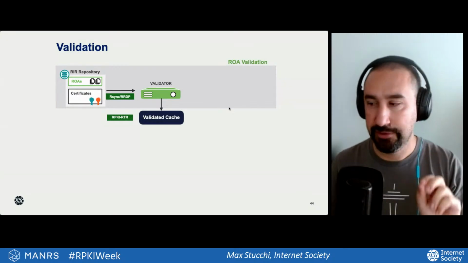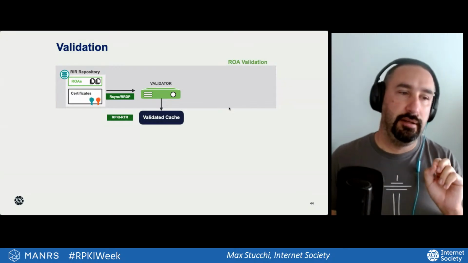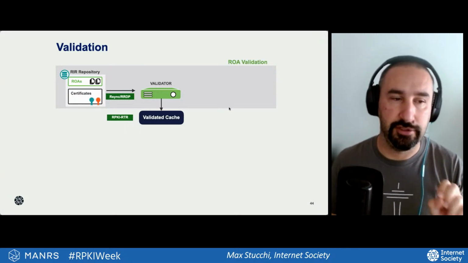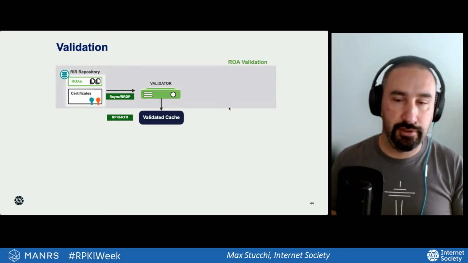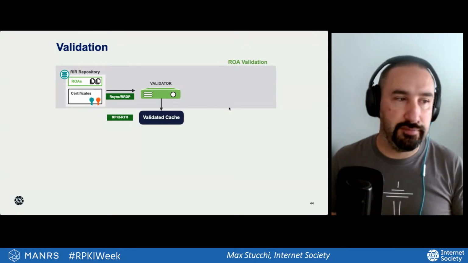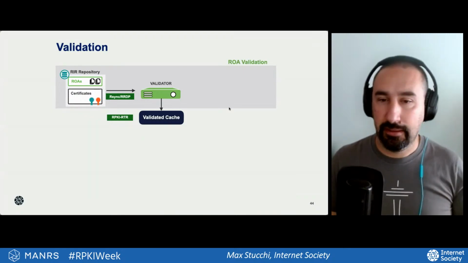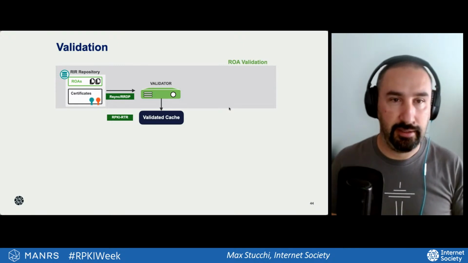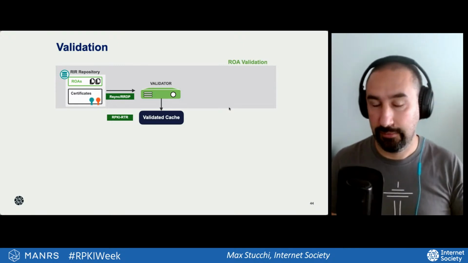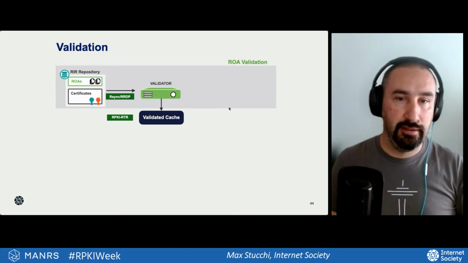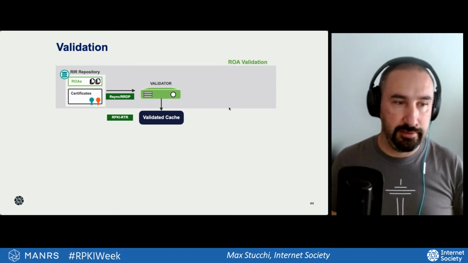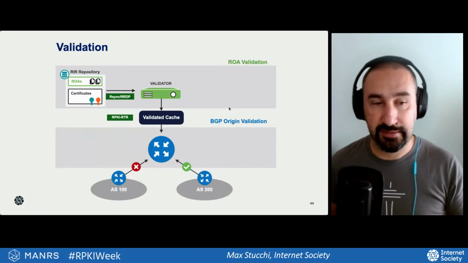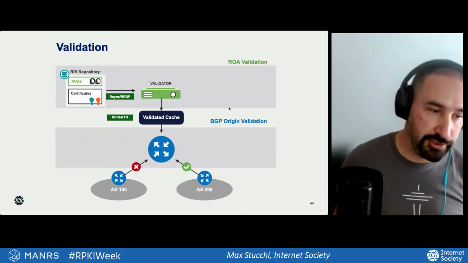The validated cache only contains ROAs that have passed the check of the chain of trust. So ROAs from an LIR or a member that didn't pay their fees and had their certificate authority or certificates revoked don't make it into the validated cache. And then after that, the validated cache provides data to run BGP origin validation.